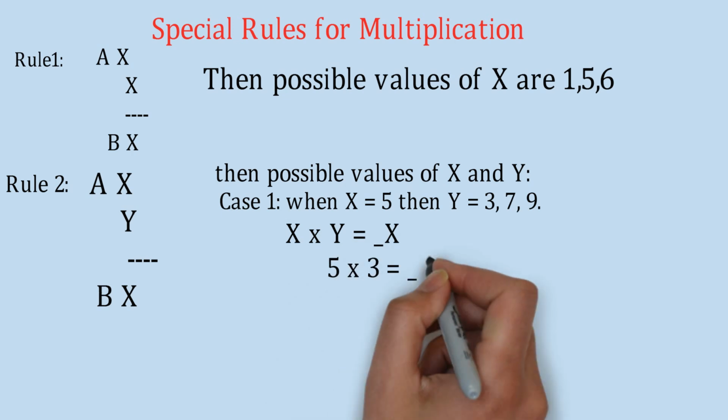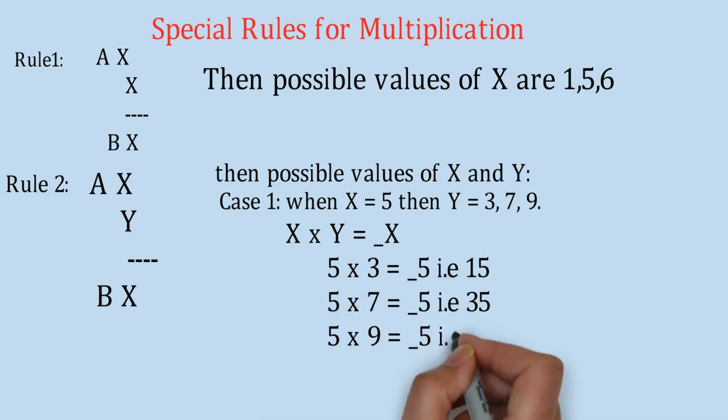Then the possible values of X and Y can be split into two cases. Case number 1: when X equal to 5, then Y equal to 3, 7 or 9. Here X into Y gives X, and there may be a carry.